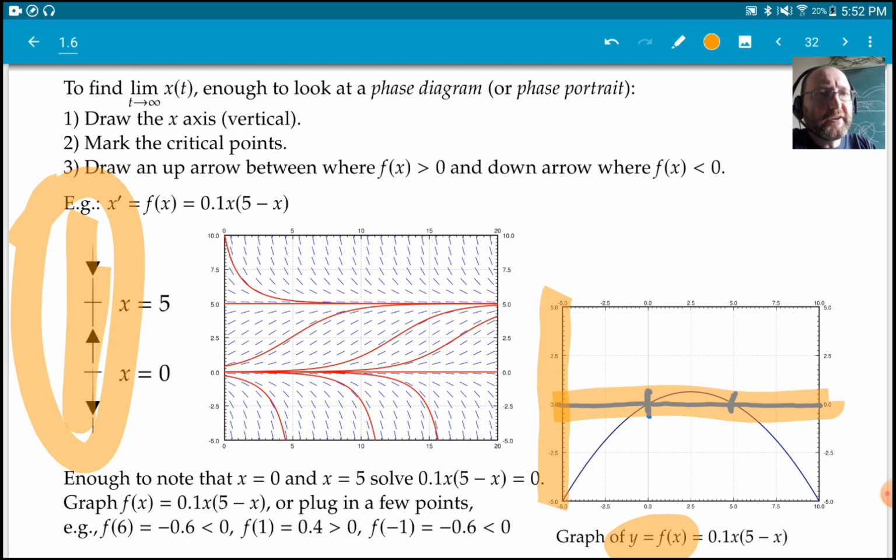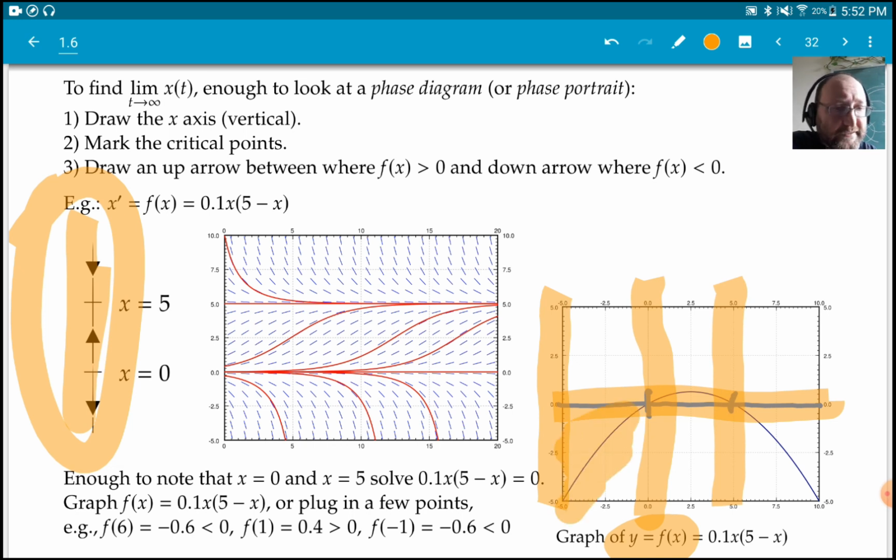All right. Now, from the graph, you can see that this is where x is 0, this is where x is 5, right? You can see that for x less than 0, f of x is negative. For x between 0 and 5, it's positive. It's above the x-axis here.